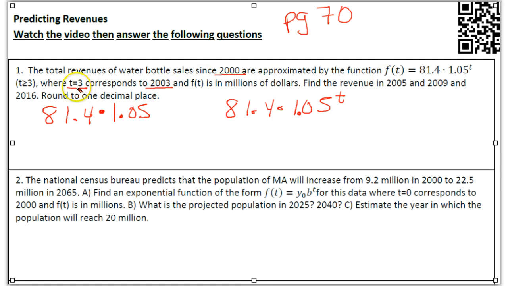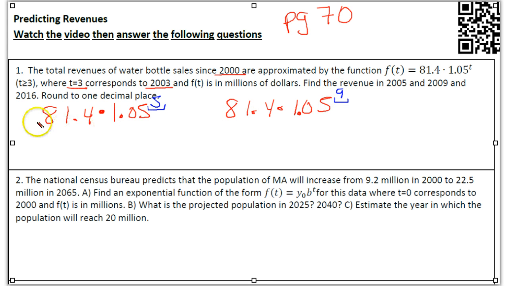And if t 3 is for 2003, then this one will be for the 5th. And then here for 2009, this t will be to the 9th.